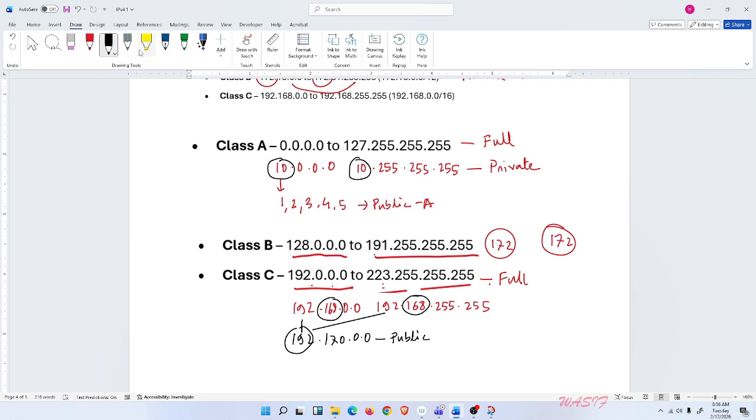So if you look here, 170 doesn't match either of the 168, because this is the starting number and this is the ending number. So actually this is a public IP address. In this way you can find whether a number is a private IP address or a public IP address.